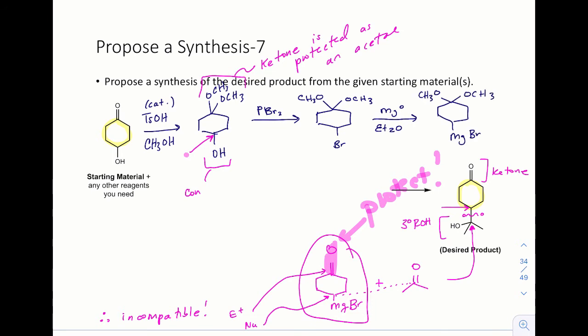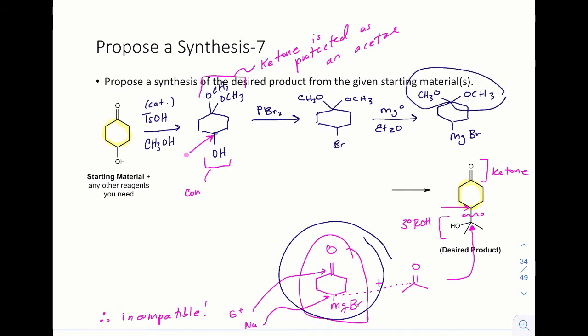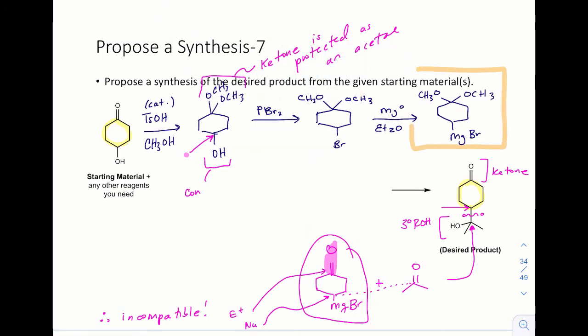Although we initially proposed this Grignard reagent, which had 2 incompatible functional groups, we have since protected the carbonyl as an acetal. And now the Grignard we have proposed in our synthesis, this one right here, is perfectly fine. There are no incompatible functional groups.